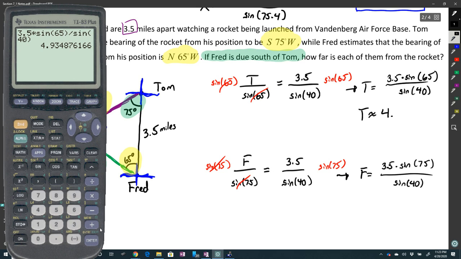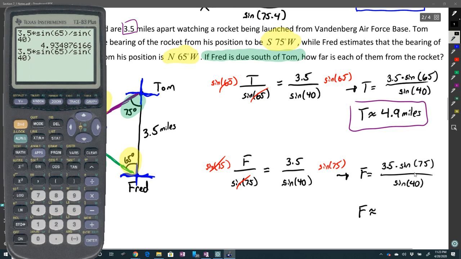Let's say 4.9 miles. So Tom is 4.9 miles away, whereas Fred is, and I'm just going to hit second enter because it's almost identical. It's just a sine of 75 instead of a sine of 65. So Fred is 5.3. Yay!